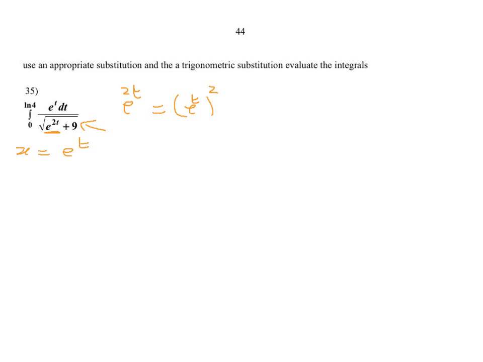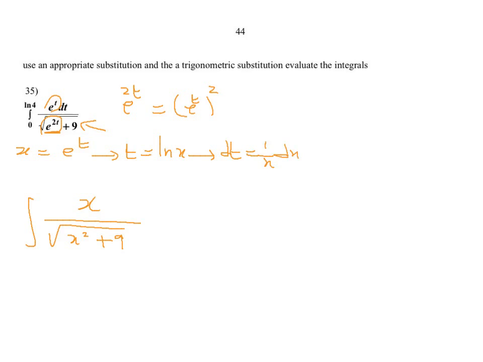So we're going to have the integration of x for e to the power t here, and the root of x squared plus 9, since it is the square of e to the power t. And dt can be calculated from here. t is ln x, so dt is 1 over x dx. Then we can also change the limits.